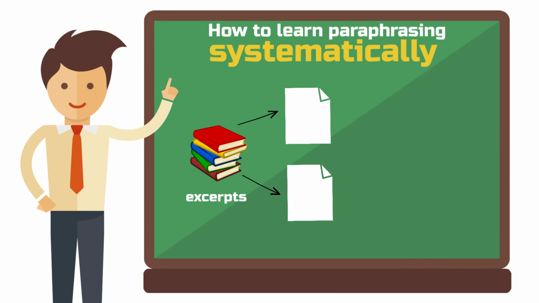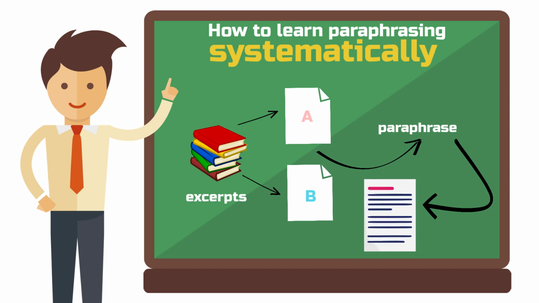This document or collection of documents is thematically organized. For example, according to the main terms used in your paper. For this document, you pick out the most exciting passages that you want to use and paraphrase one by one. Copy them into your final manuscript document and practice to rephrase them.